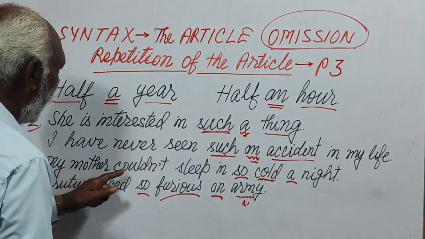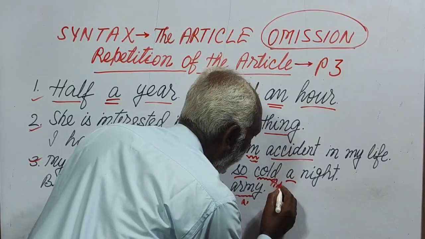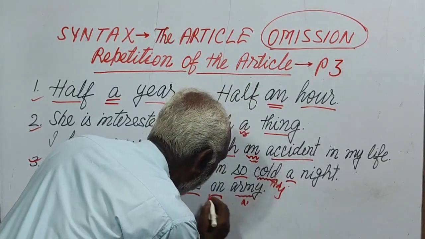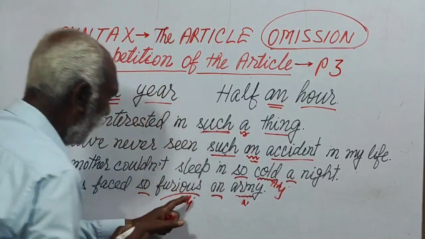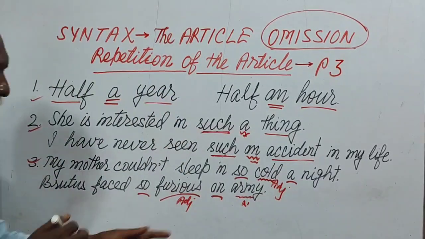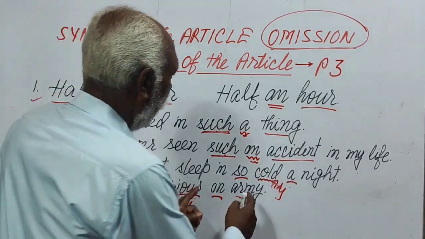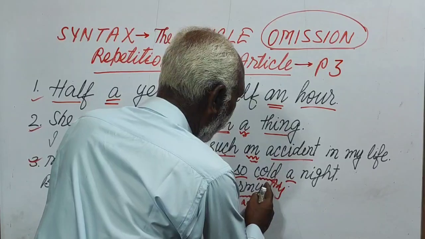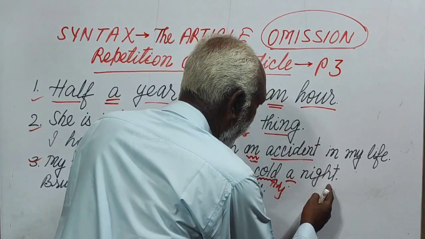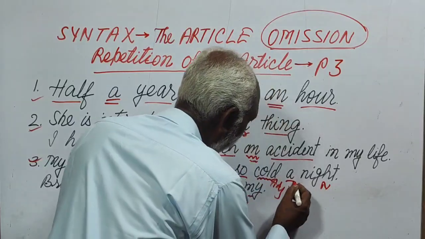Cold, in my mother couldn't sleep in so cold, cold is an adjective here, and furious is an adjective here. You see, adjective. Just after the adjective comes the noun, and here night is a noun. Just before the noun, article a has been used.